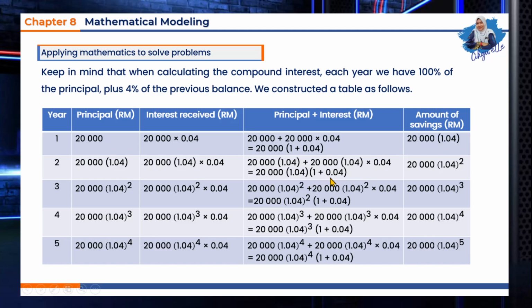So we apply what we know about mathematics. You can go through the third, fourth and fifth years to get the amount of saving. Here we get the value of saving at the end of each year: 20,000 times 1.04 to the power of 1, the second year 20,000 times 1.04 to the power of 2, and so on.